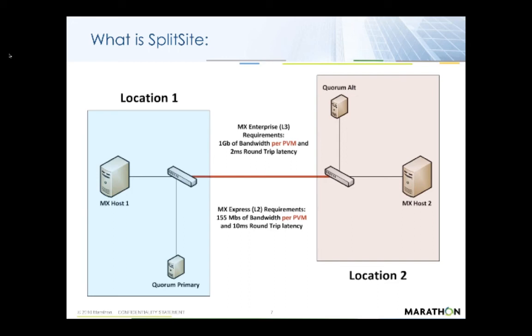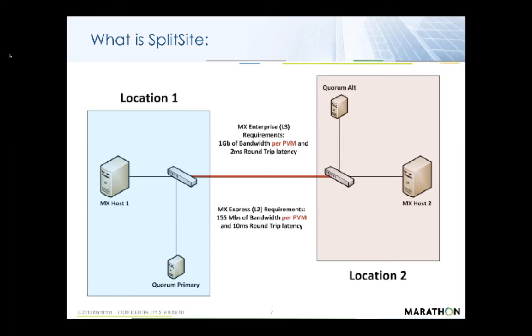So depending on the infrastructure that your customer has, and their desire or requirement for something like split site in a campus type of setting, you can drive that based on what they have available to them for bandwidth and the type of networking they have between the two sites in order to determine whether or not you can do a level 3 or a level 2 or an Express protected virtual machine.